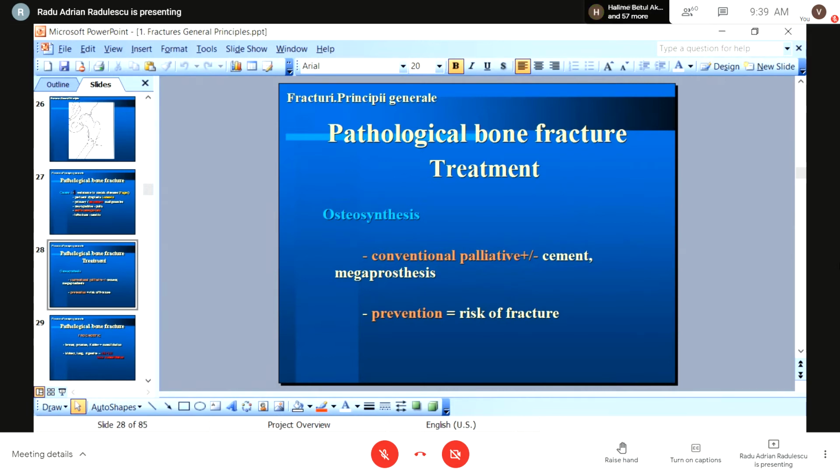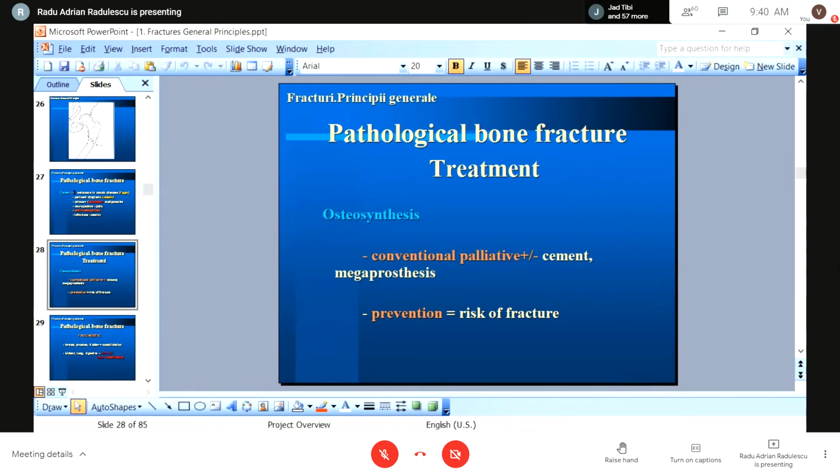So the tumor surgery or tumor treatment is very complex. But anyway, we have to fix the bone whenever this thing is possible.